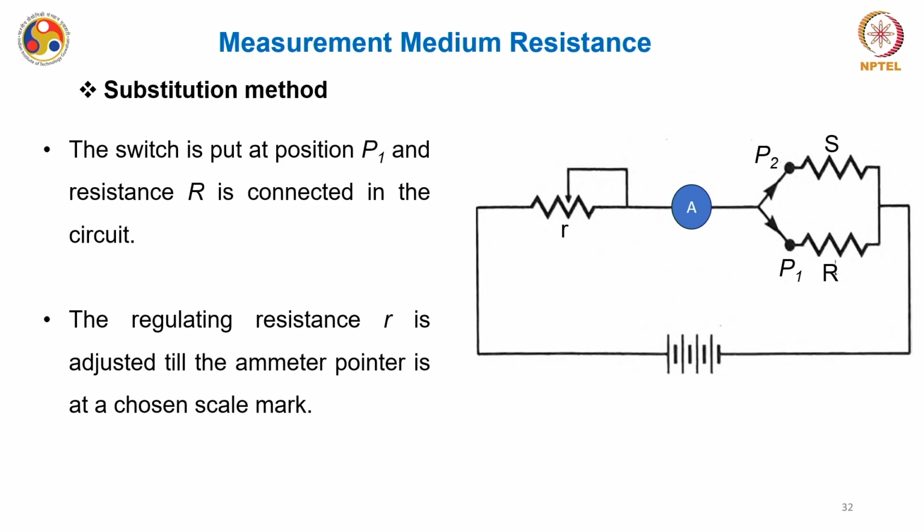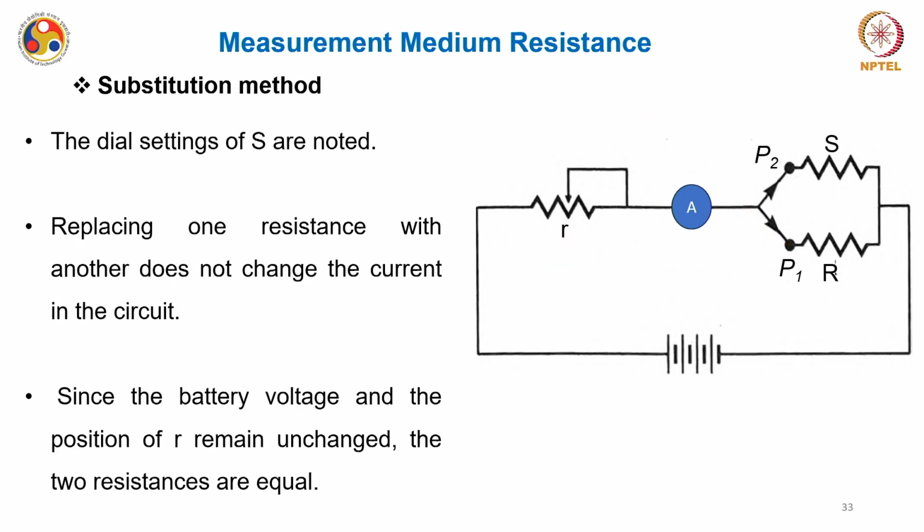The regulating resistance r is adjusted till the ammeter pointer is at a chosen scale mark. I have tuned this small r value in such a way that the ammeter is pointing to, say, 3.00 amp, or say 2 amp, depending on what I want.